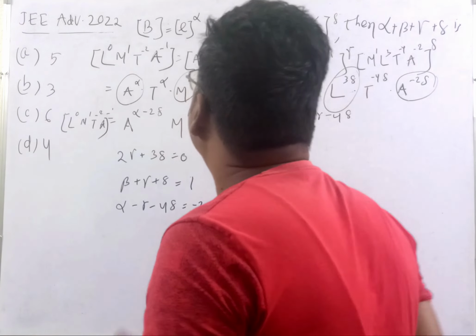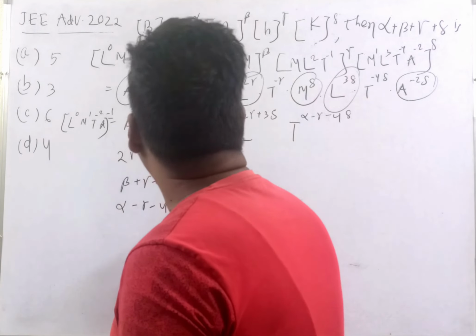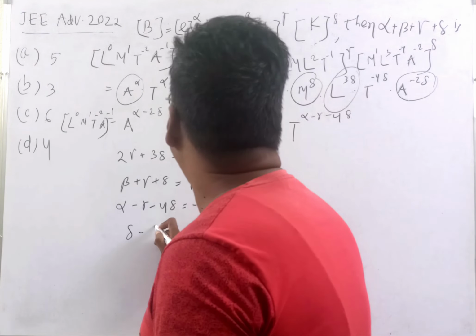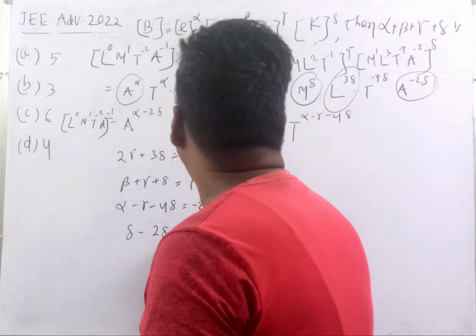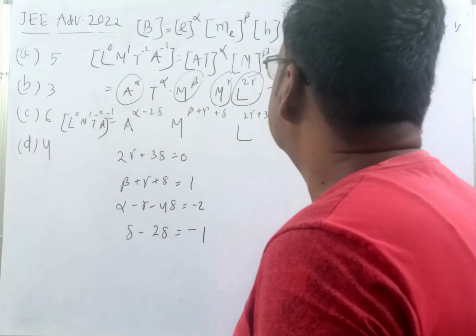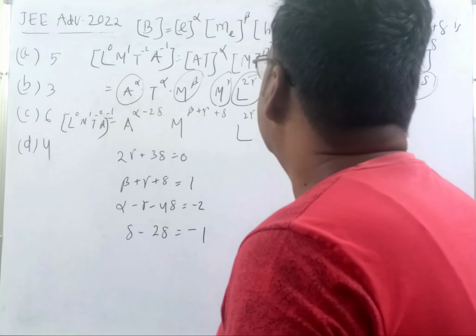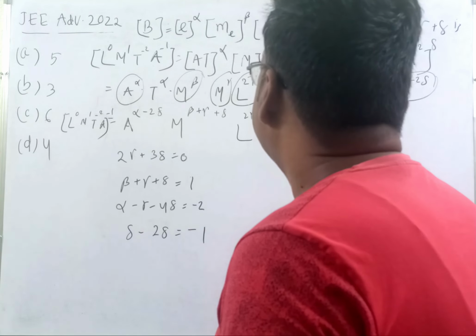And A to the power minus 1, students, so here alpha minus 2 delta is equal to minus 1. We obtain these equations, and if we solve these equations, then we can get the corresponding values.